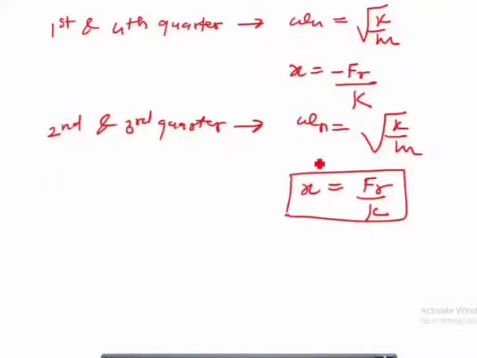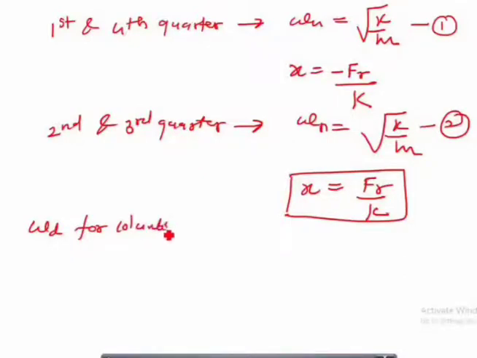Let me call this equation 1, and this equation 2. From equations 1 and 2, what you can understand is the natural frequency of damped vibration, that means omega d, for Coulomb's damping. Here obviously the frictional force Fr acts as a damping force, right?